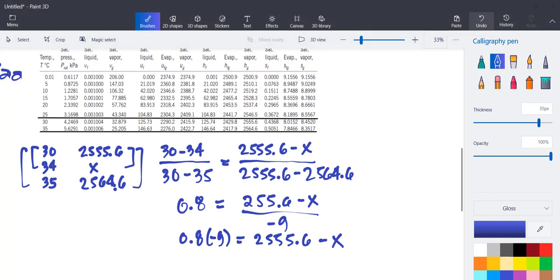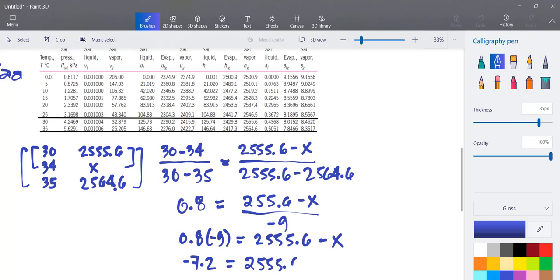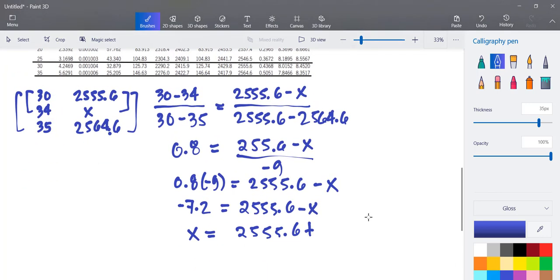Resolving the value on the other side, we have -7.2 is equal to 2555.6 minus the x. So transpose, we have 2555.6 plus 7.2.